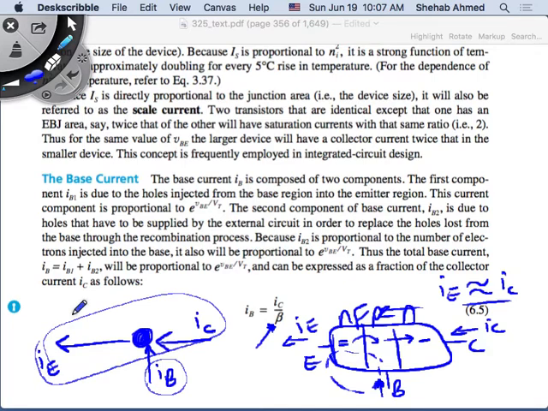Correct? So beta is typically between 50 to about 200 in most BJT devices. Best case special devices, for example, can go to a beta of about 1,000. So what does this mean for power applications? Let's say you want to push 1,000 amps through this device as a switch, right?